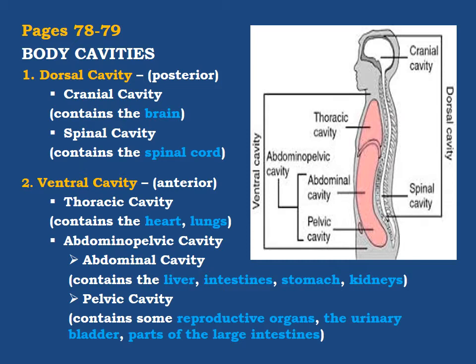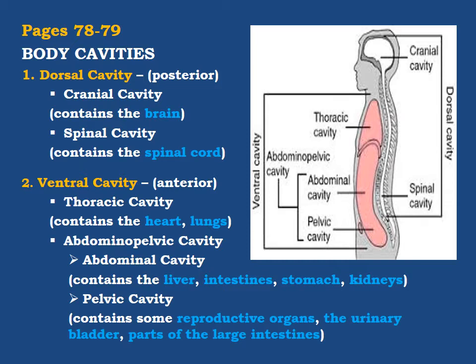Now, the cranial cavity, what is the organ that could be found in the cranial cavity? It is the brain. Cranial, maybe you have learned this earlier, it means the skull. Crani, which means the skull. What is inside the skull? We have the brain. The vertebral or spinal cavity, what is the organ that could be found there? It is the spinal cord.